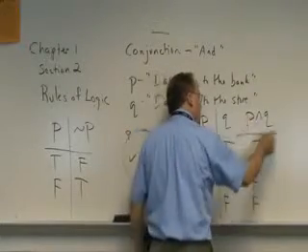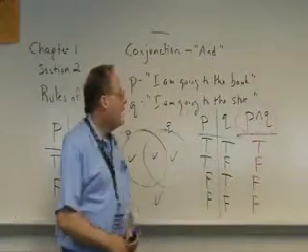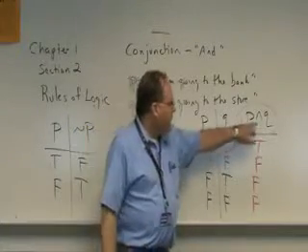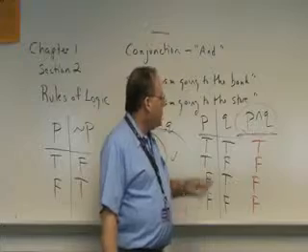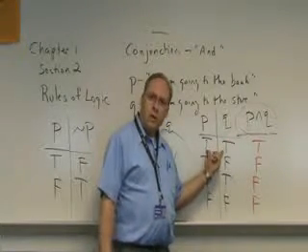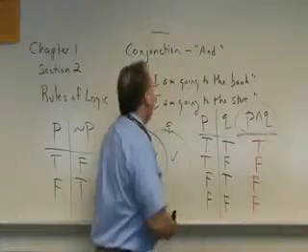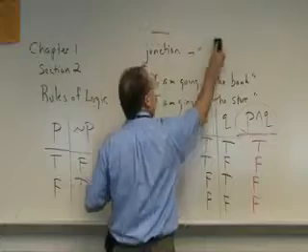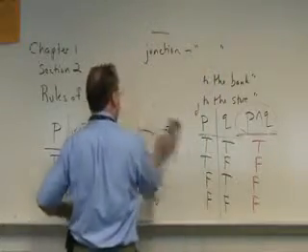And this is how you evaluate a conjunction, okay? This idea of and is true only if all parts are true. Well, then we have another thing, okay? Another way that we put things together.